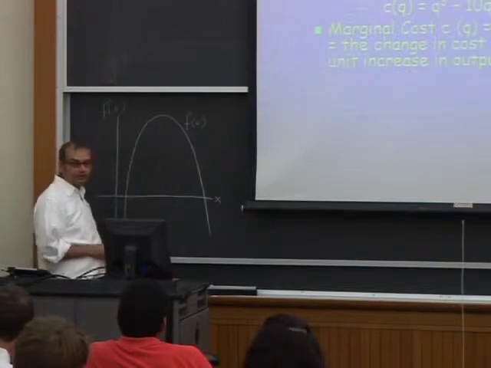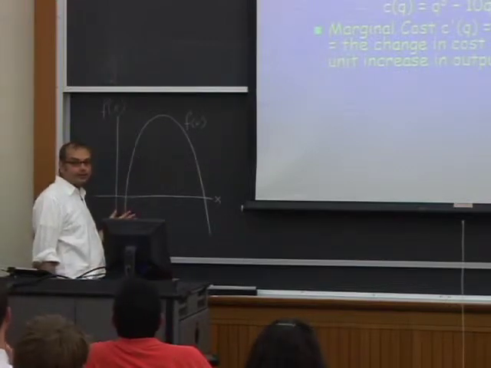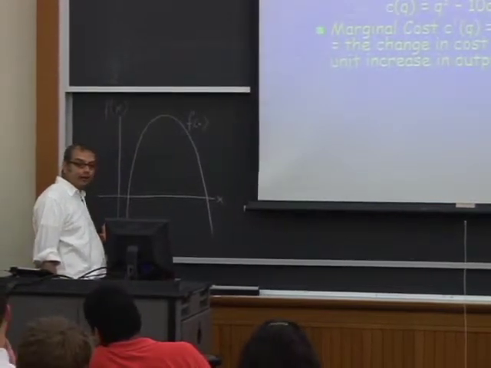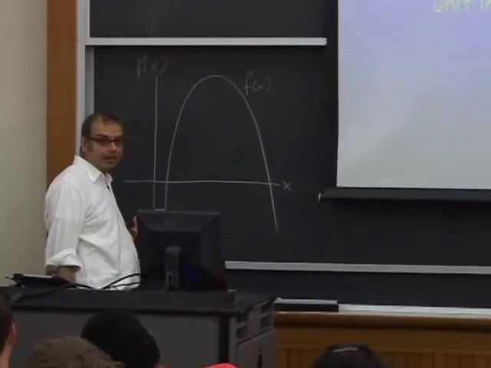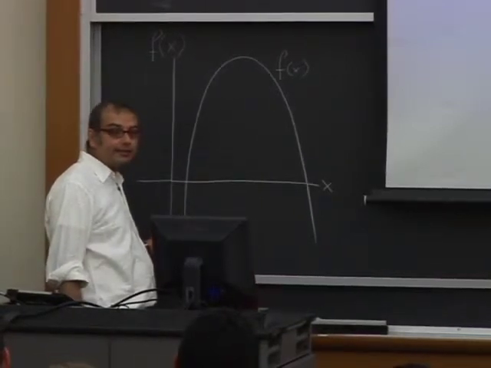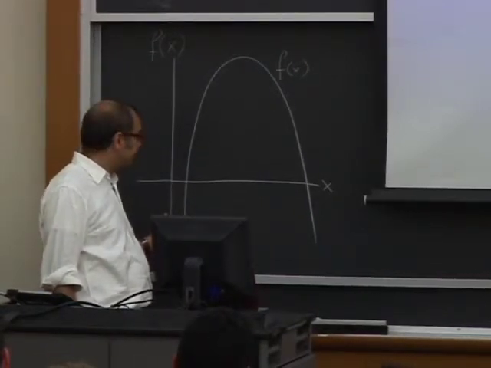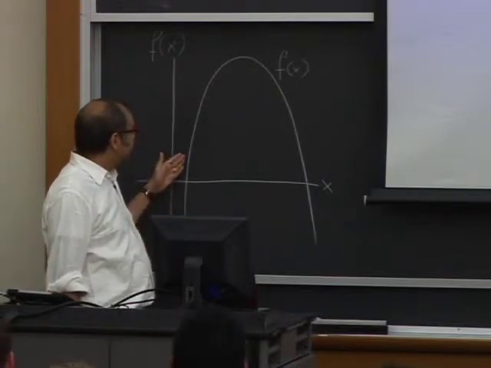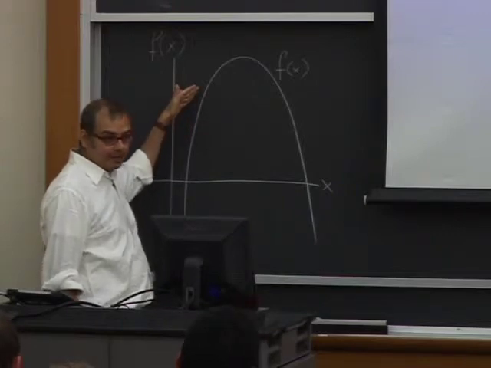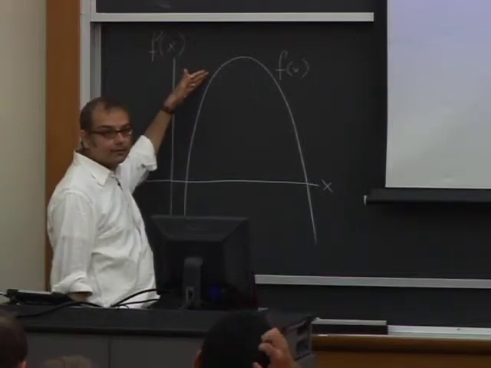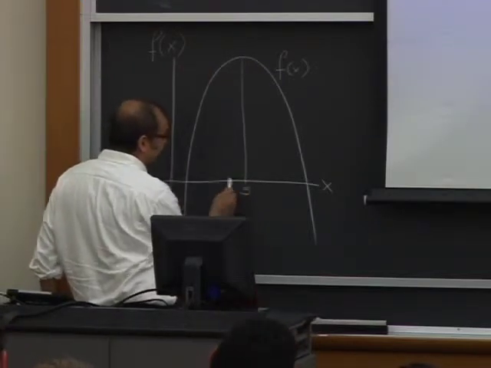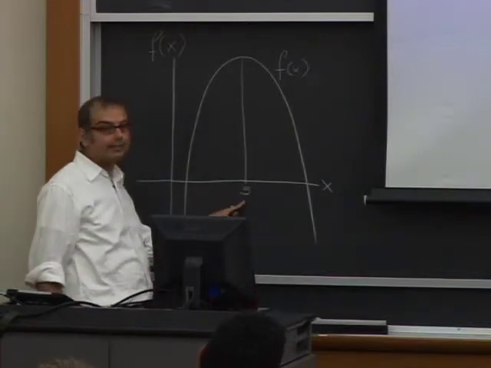This is my function, and I'll describe this in English. This is a function that starts out steep and upward sloping for values of x close to 0. It stays very steep, but it gets less and less steep as x increases, until it gets to the value of 5, where x is equal to 5.